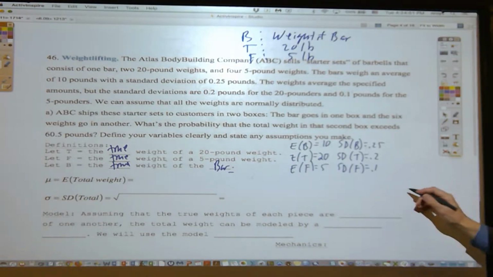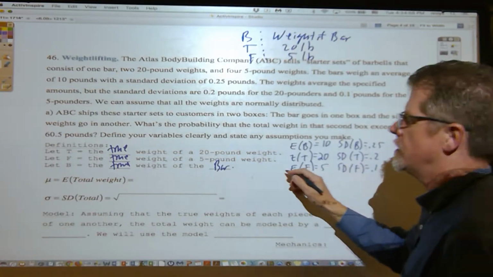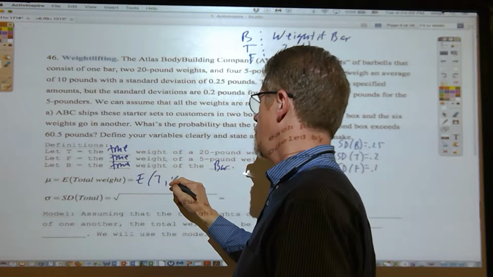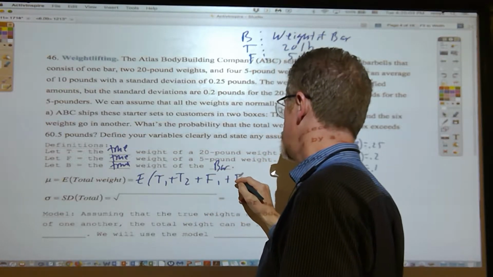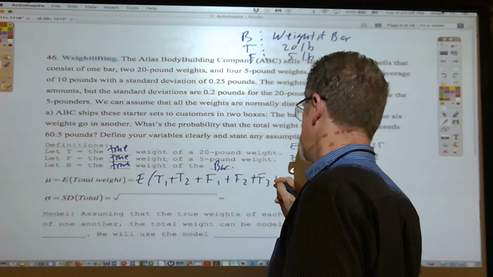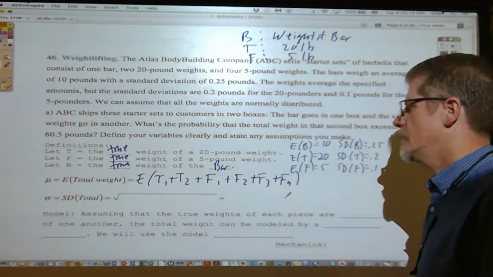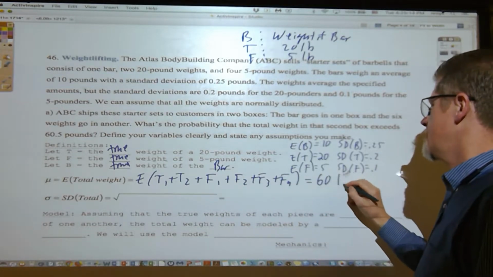I mean, yeah, the answer is 60 pounds, but the correct model that we should be using here is T1 plus T2 plus F1 plus F2 plus F3 plus F4. Okay, so 20 plus 20, it's 40, 45, 50, 55, 60. Yeah, so it's still 60 pounds.